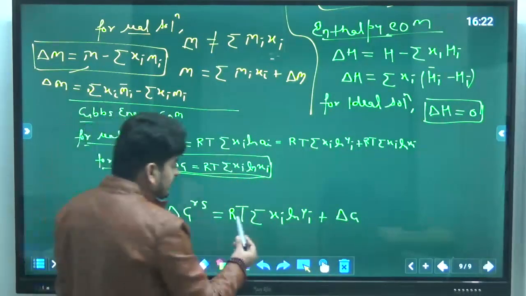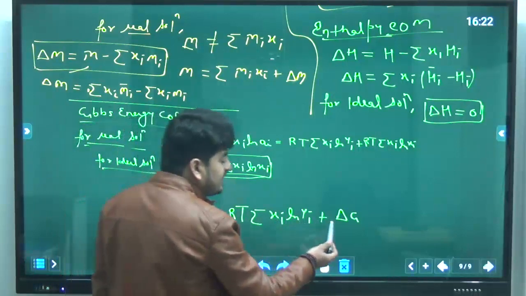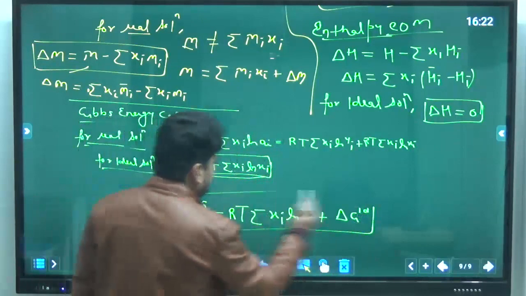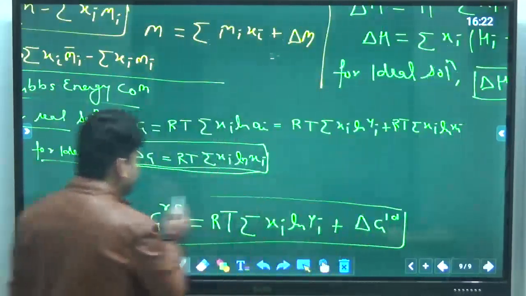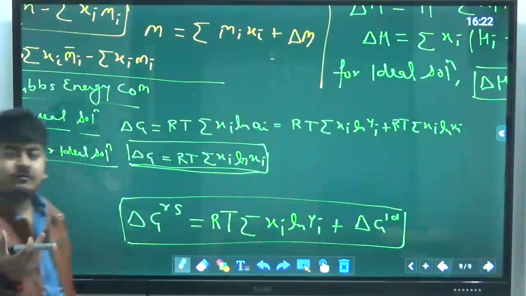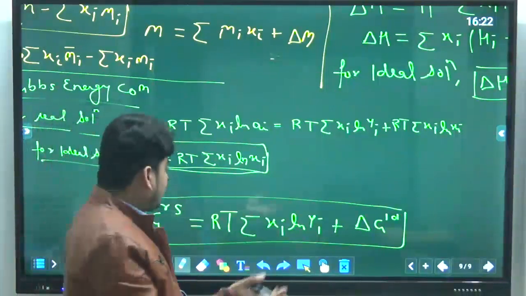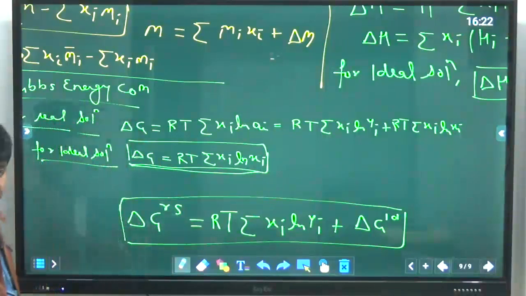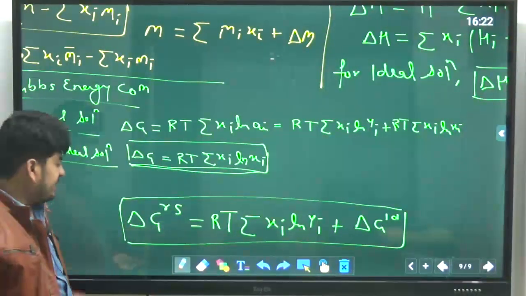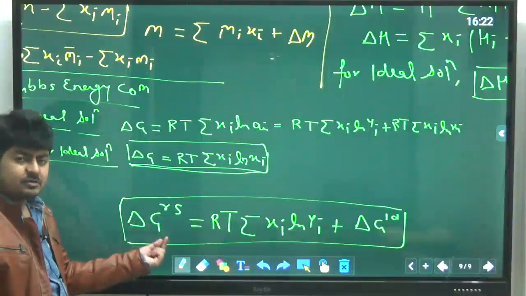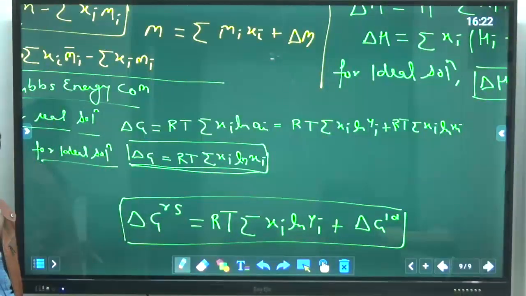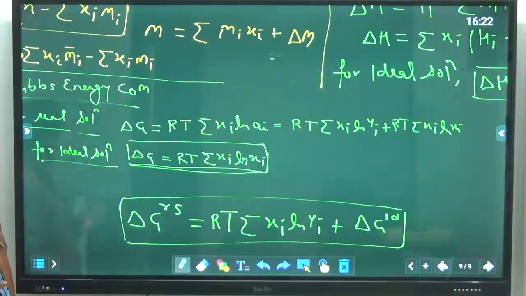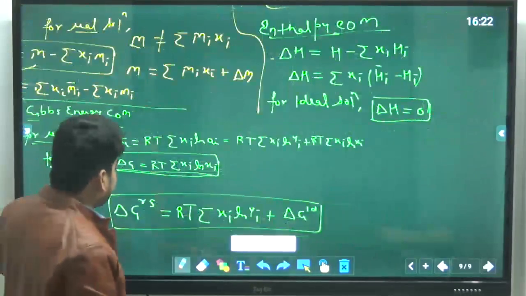So you can say Gibbs energy change of mixing for real solution is RT summation Xi ln gamma i plus delta G of ideal solution. Okay, so in any question, if Gibbs energy change of mixing for ideal solution is given and you know the activity coefficients, you can calculate the Gibbs energy change of mixing for real solution and vice versa. With the help of Gibbs energy change of mixing for real solution, you can calculate Gibbs energy change of mixing for ideal solution as well by using activity coefficient. So that you should know.